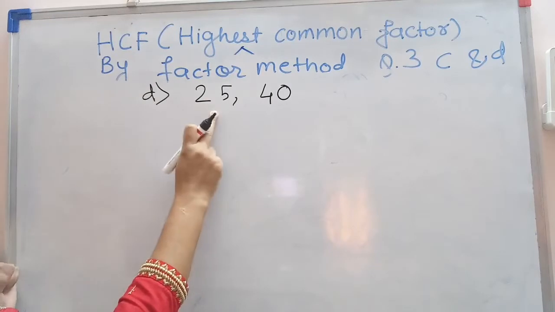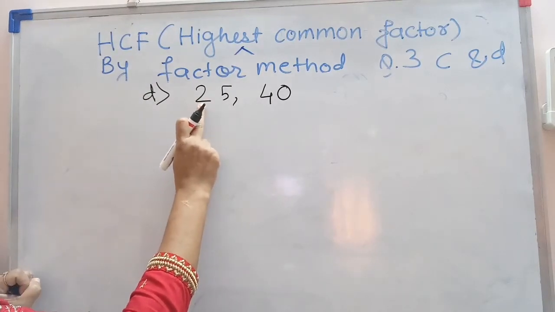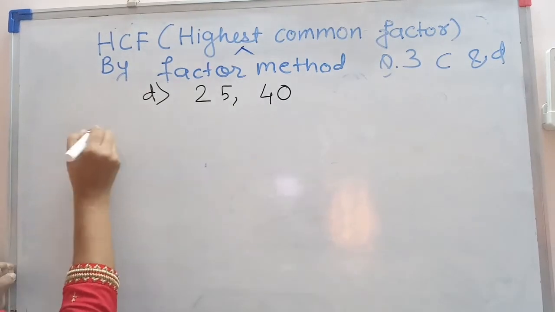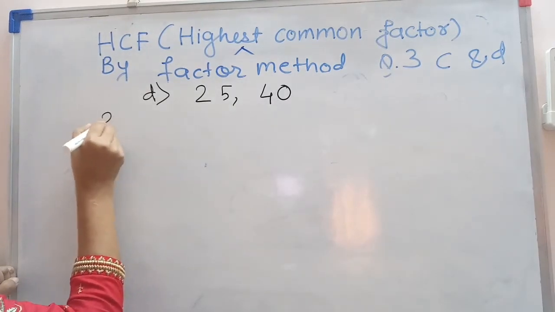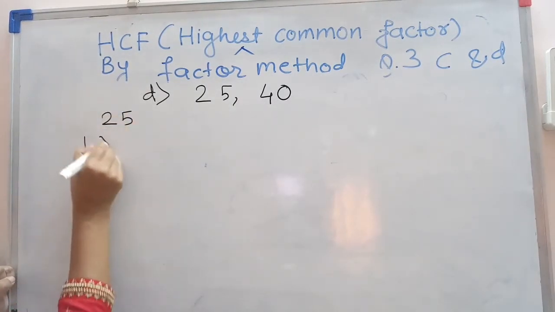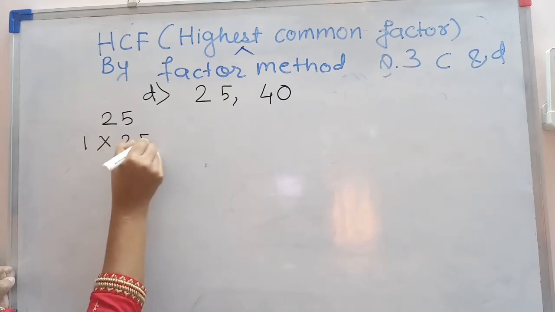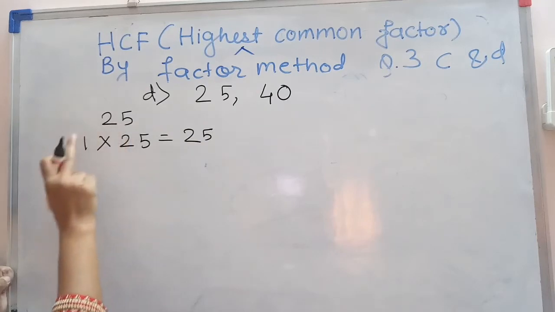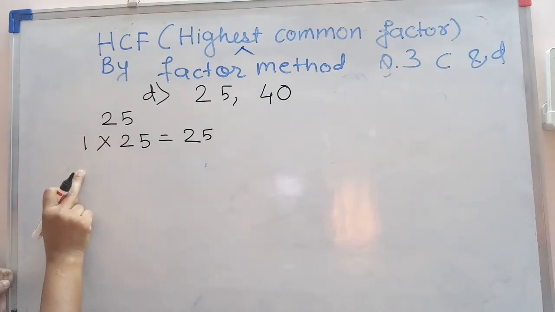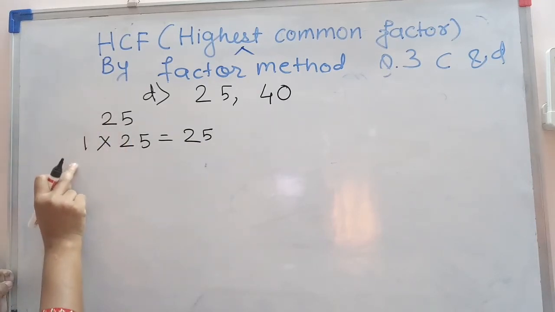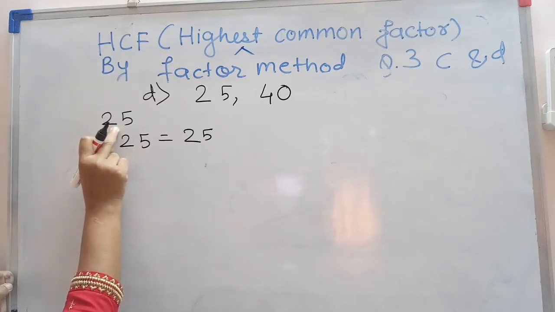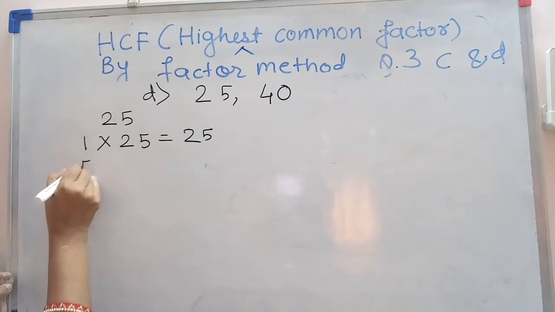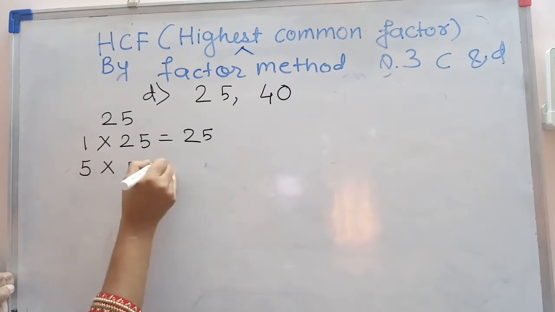Let's see the solution for the numbers 25 and 40. Now first of all we will list the factors of 25. That is 1 is the factor of 25. Now 25 is not divisible by 2, so 2 is not the factor. Is it divisible by 3? No. 4? No. 5? Yes. 5 5s are 25.